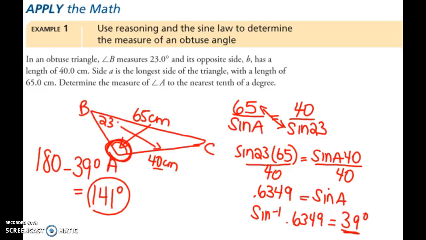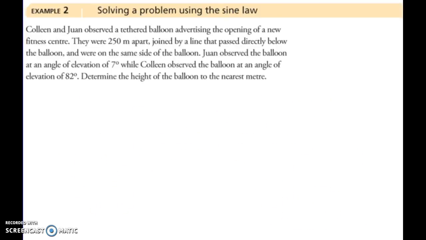Okay, let's jump over to example 2 on page 166, and it says Colleen and Ron appeared to see a balloon advertising the opening of a new fitness center. They were 250 meters apart, joined by a line that passed directly below the balloon, and were on the same side of the balloon.